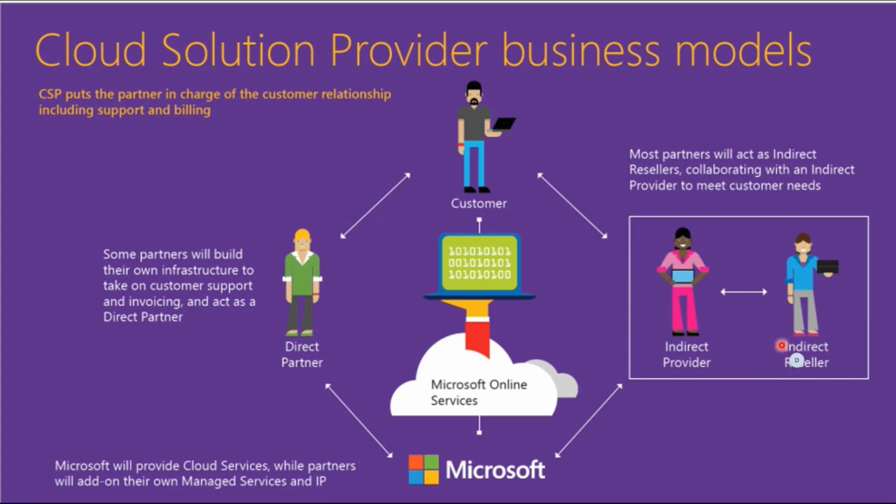A lot of the smaller companies are indirect resellers. They are just selling, for example, Microsoft licenses to their end customers. But Advantech is in this provider tier. We are direct. We have a direct relationship with Microsoft.